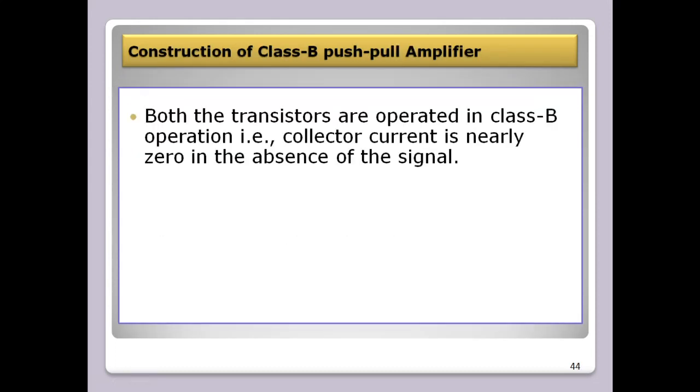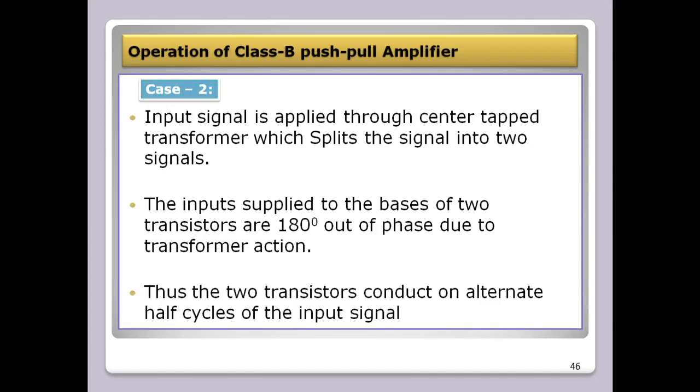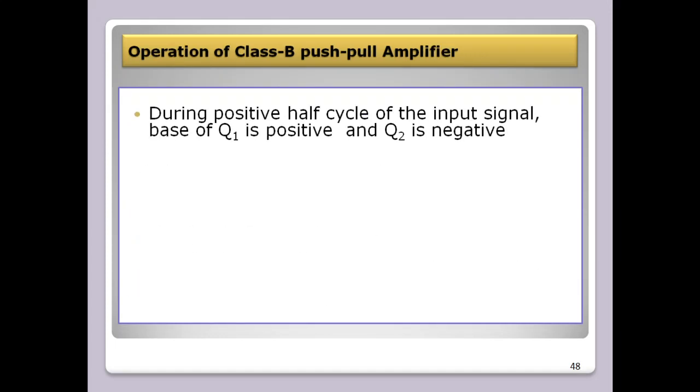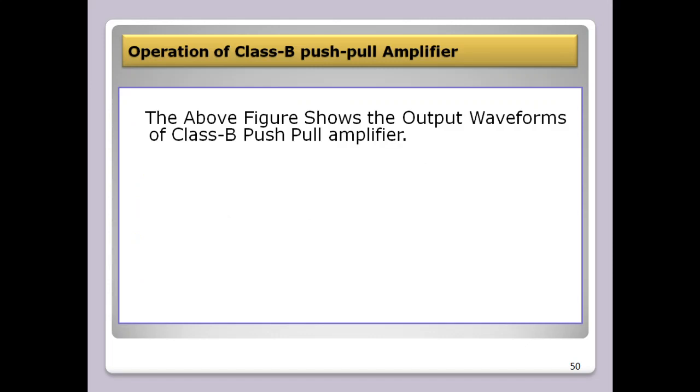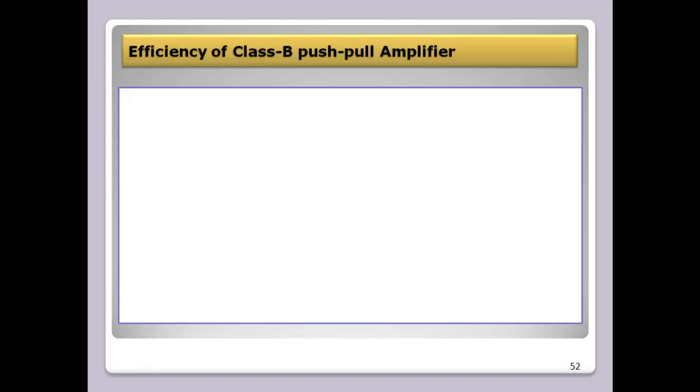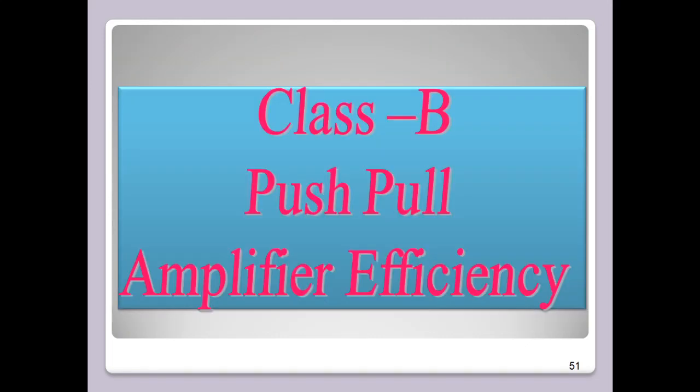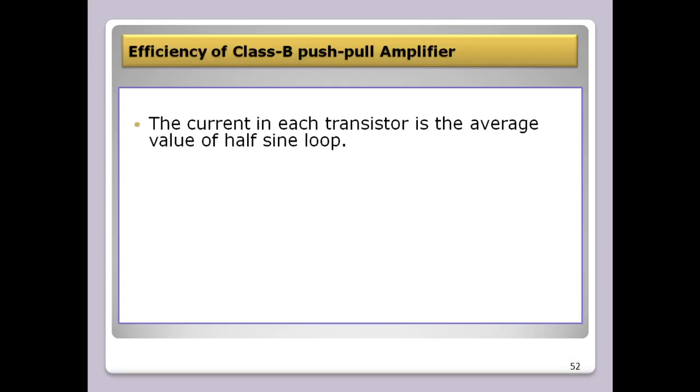And now let us go to the derivation of efficiency of a class B amplifier. So, class B push pull amplifier efficiency. The current in each transistor is the average value of the half sine loop, because it is conducting only for half of the cycle.